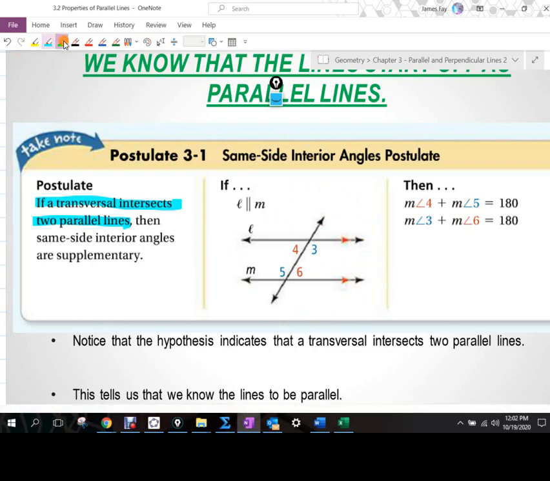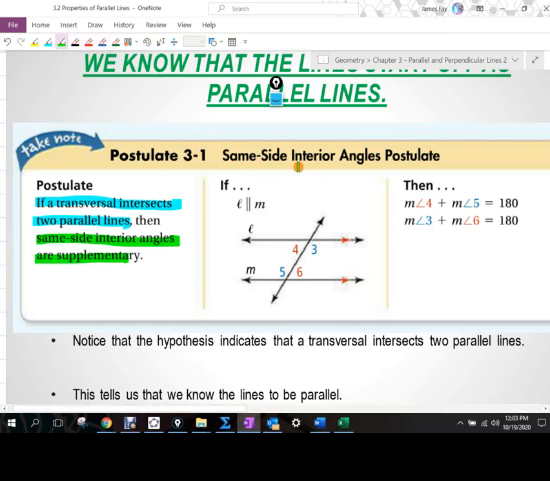Then, same side interior angles are supplementary. There's an alliteration there: same side supplementary. You guys talk about alliterations in English, right? That's going to help you remember the relationship here with certain sets of angles. Same side supplementary. But that's only if the lines are parallel.